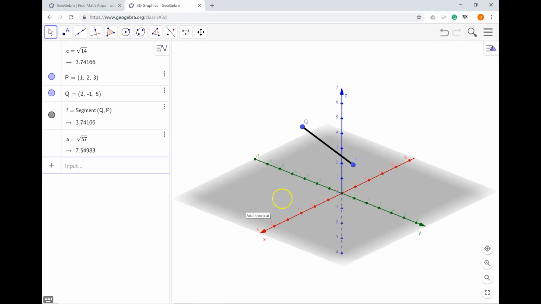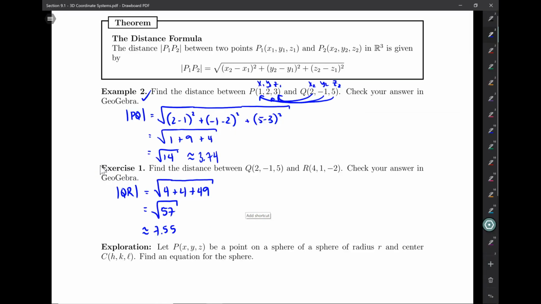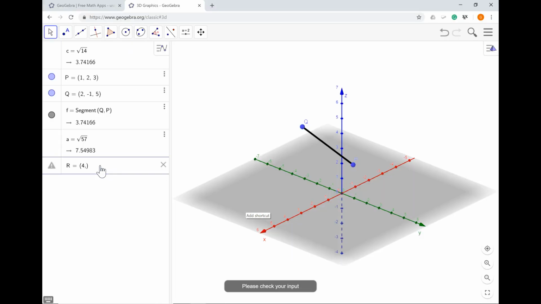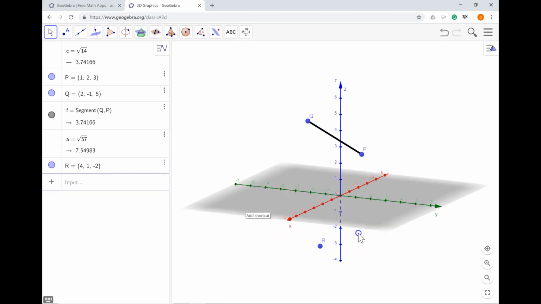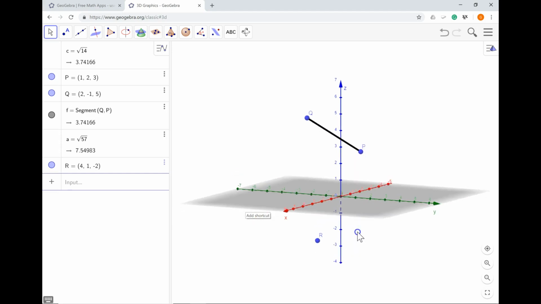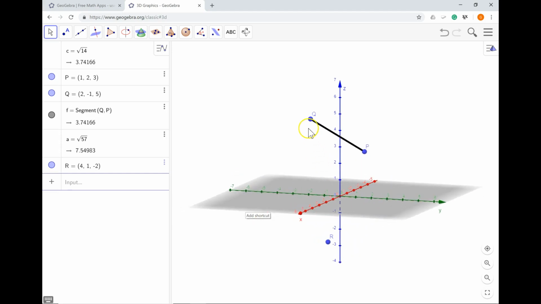Now let's double check our answer in GeoGebra. R equals, now I've forgotten this point, 4, 1, negative 2. There we go. And notice that the distance between point Q and R was larger than the distance between point P and Q, which looks visually correct.